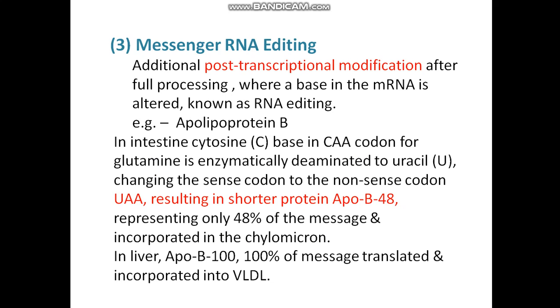Messenger RNA editing is a post-transcriptional modification. An example is apolipoprotein B, which is synthesized in both intestine and liver.